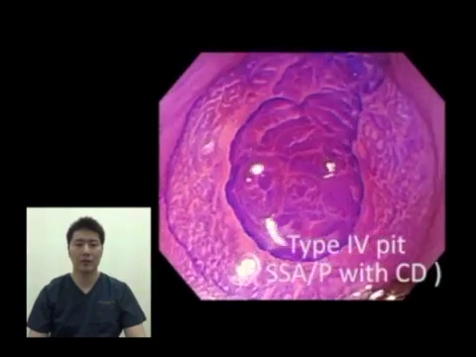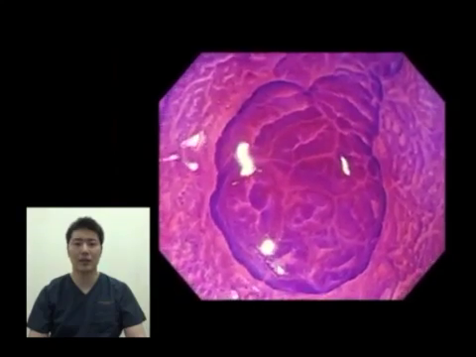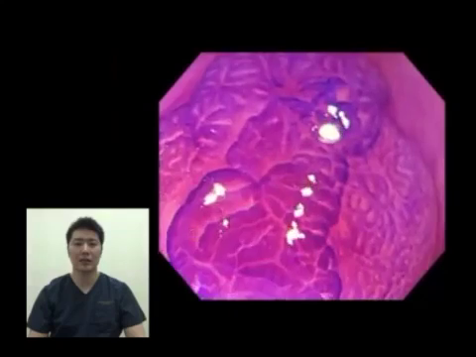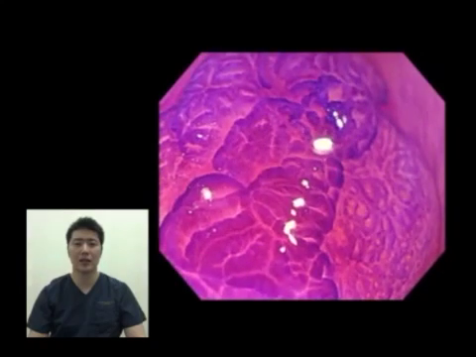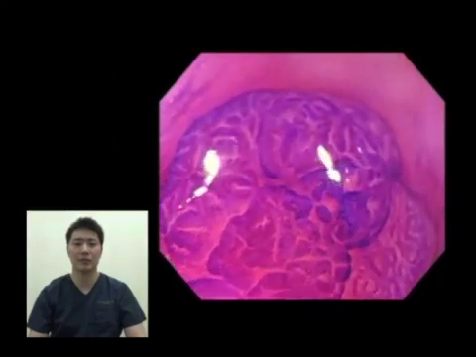By following this method, we believe that by magnifying the surface of the lesion, we can diagnose SSAP with cytological dysplasia, which is at high risk of developing cancer.